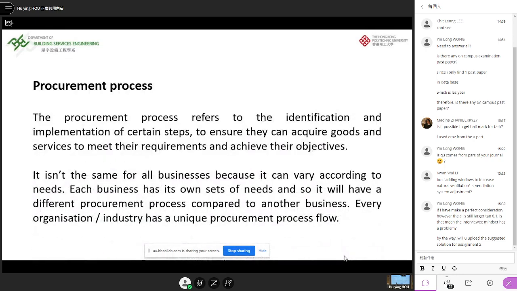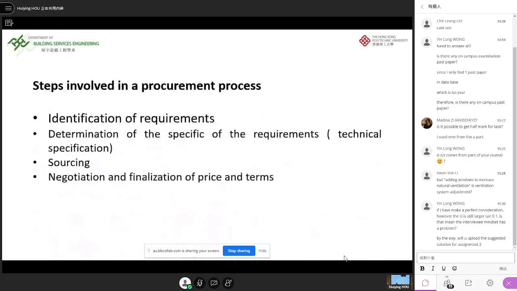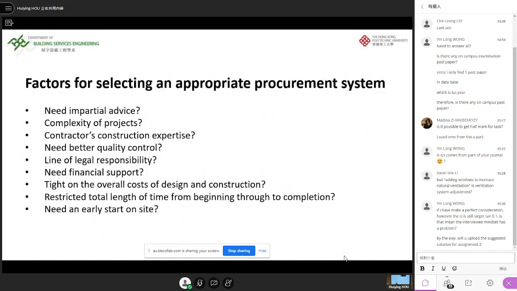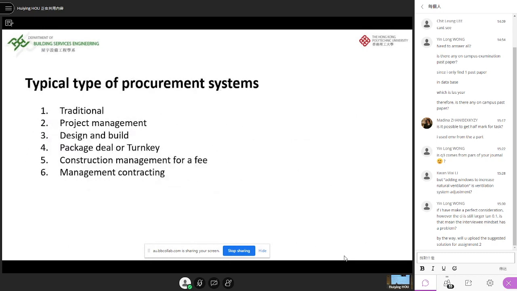So, what the procurement process is, the different steps involved, and factors for selecting an appropriate procurement system. You don't have to memorize this, but you need to understand it.